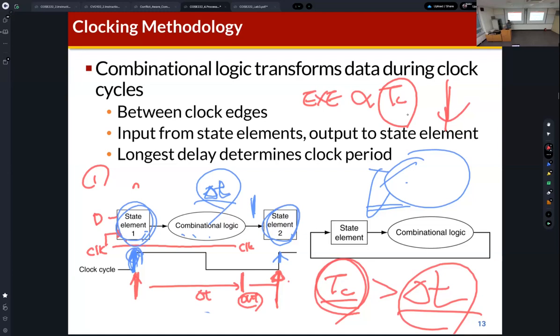How? We need to reduce delta T, the delay of combinational logic between D flip-flops. That is some basic knowledge for understanding the performance of a processor, a computer hardware, right? You understand?